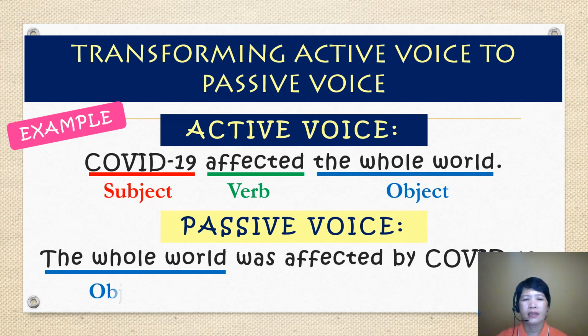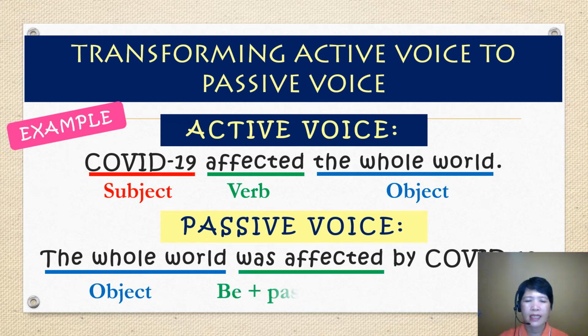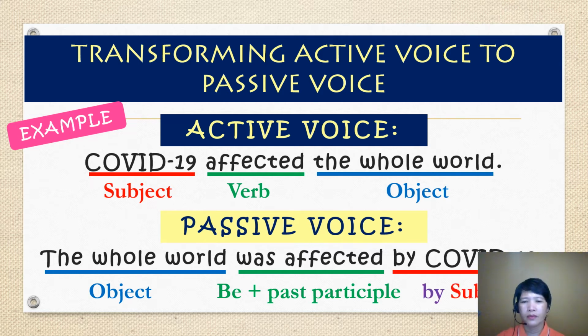The whole world is the object, was affected is the be plus past participle, or the V3, then by the subject. So the sentences have the same meaning, but the context changes. In the first sentence, we are giving more importance to the subject, and the subject is the one performing the action.